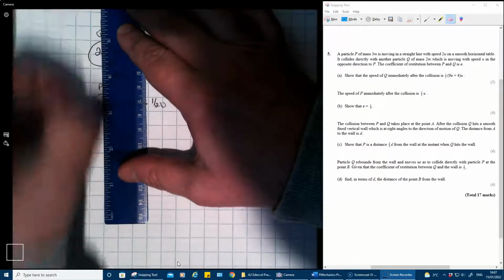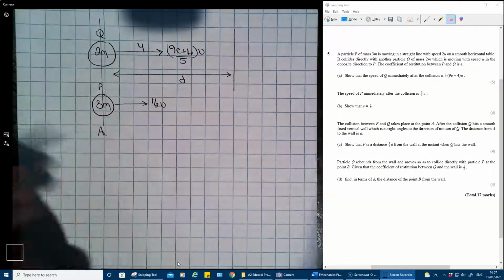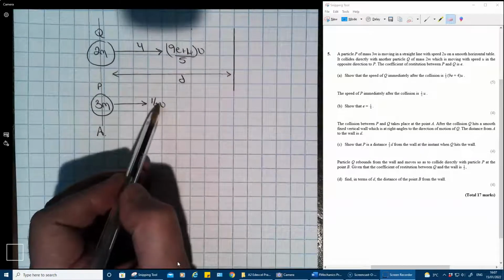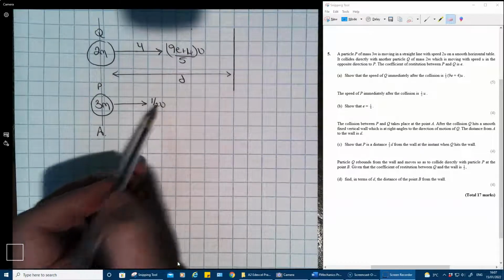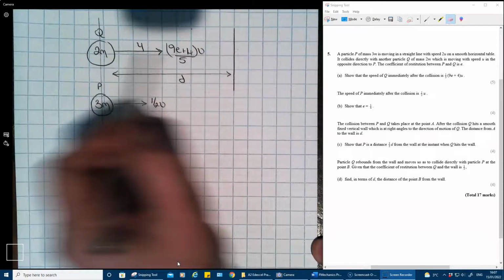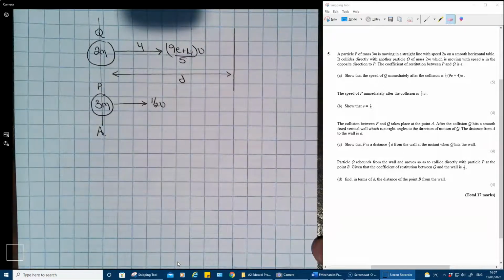Okay, so this is A, if you like. And then meanwhile p is also moving towards a wall, but clearly at a slower speed, and we're trying to find how far p travels in the time it takes q to travel the whole distance d.